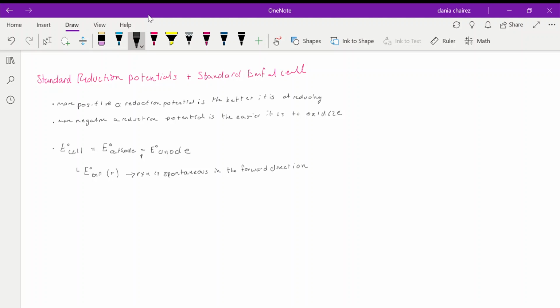And if your E cell is negative, then the reaction is non-spontaneous in the forward direction.